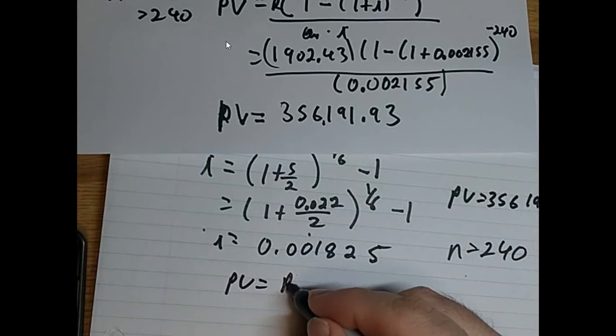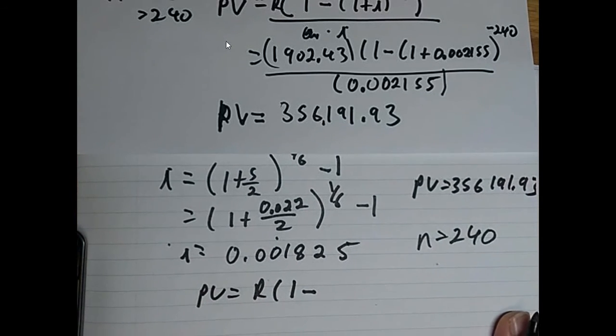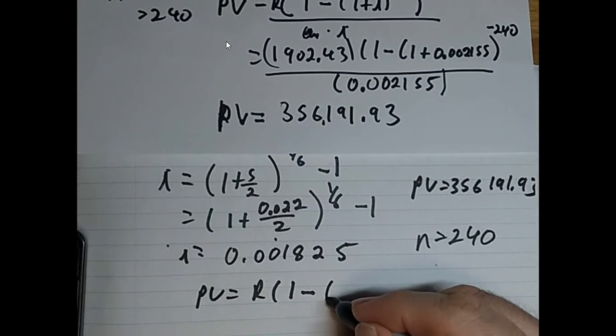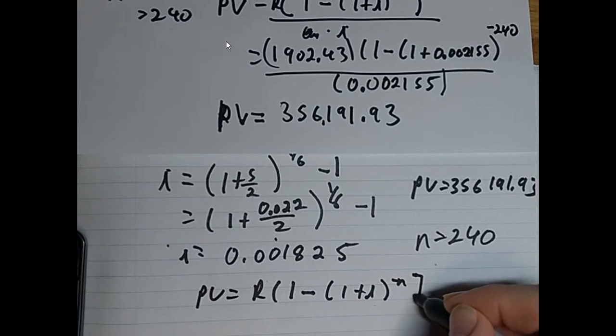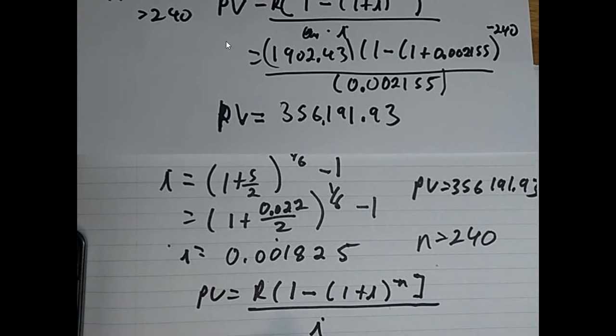PV equals R, 1 minus 1 plus I to the negative N, all over I. It's the same as the PV up there. Our PV is $356,191.93.